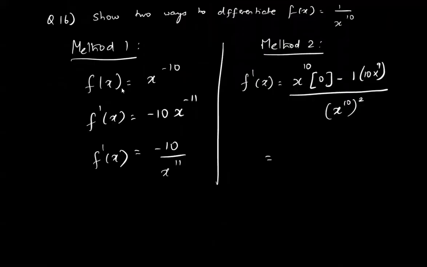So x to the power of 10 times 0 is 0. So this becomes negative 10 x to the power of 9 divided by x to the power of 20, which is negative 10 over x to the power of 11. So you get the same answer both ways.